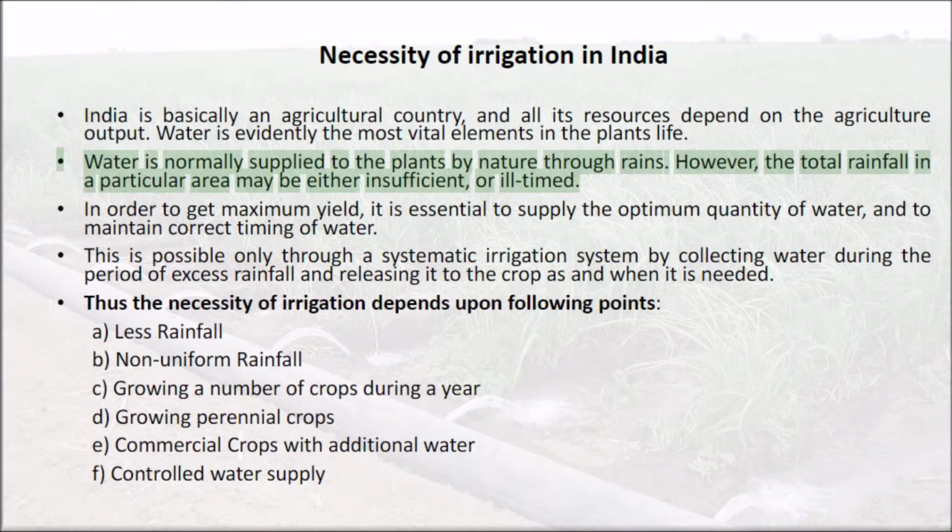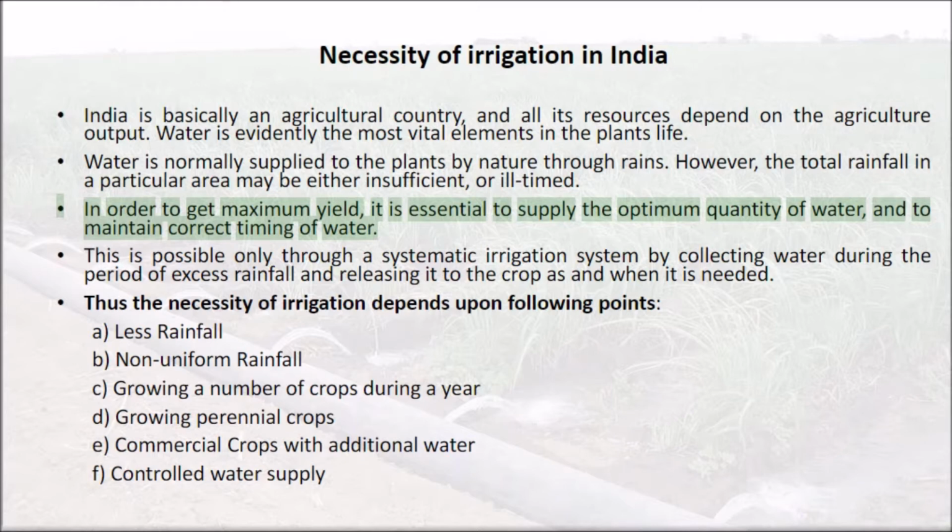However, the total rainfall in a particular area may be either insufficient or ill-timed. In order to get maximum yield, it is essential to supply the optimum quantity of water and to maintain correct timing of water. This is possible only through a systematic irrigation system, by collecting water during the period of excess rainfall and releasing it to the crop as and when it is needed.